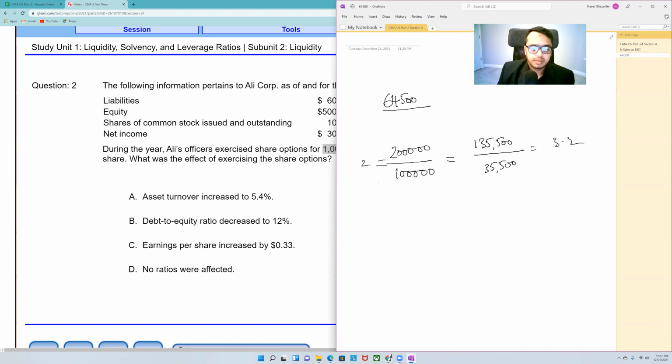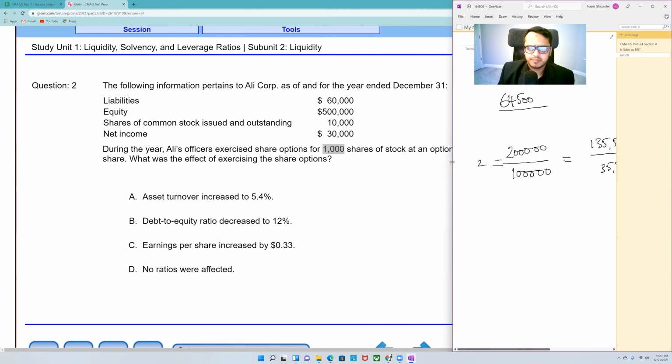So let me see what all things will be affected first. The 1,000 shares at $8 equal 8,000.